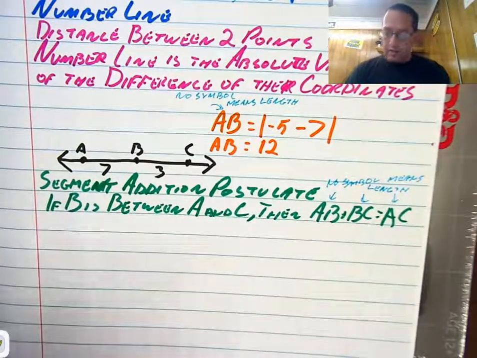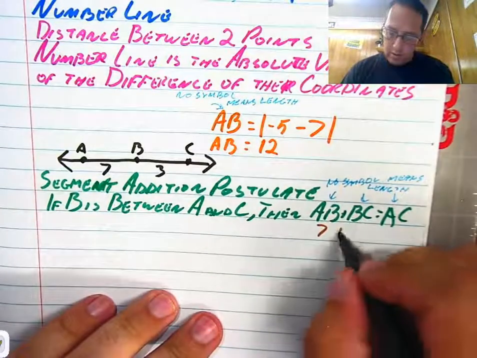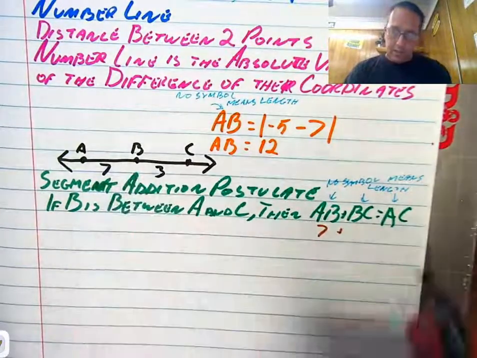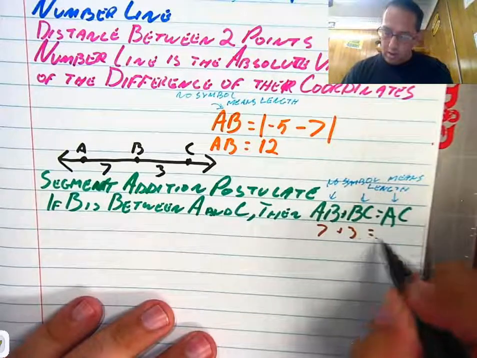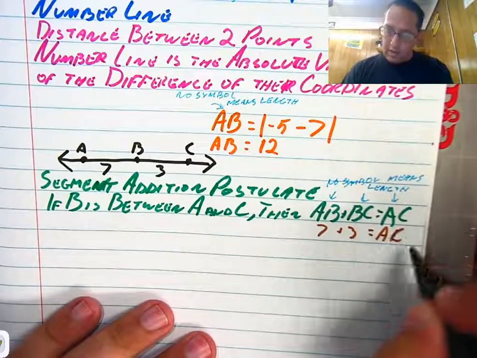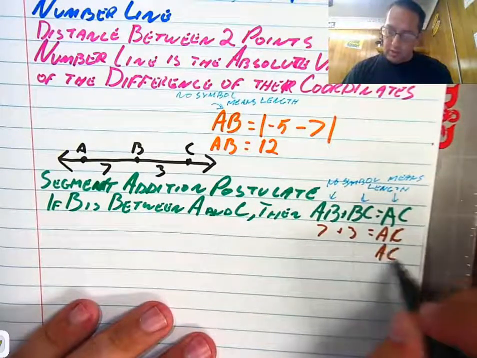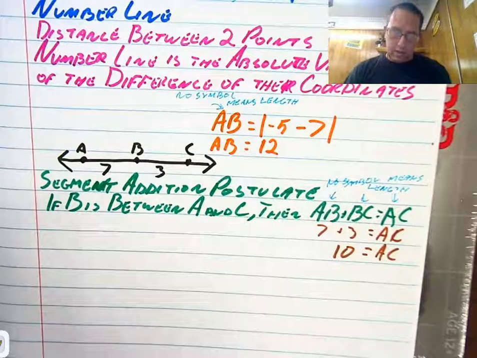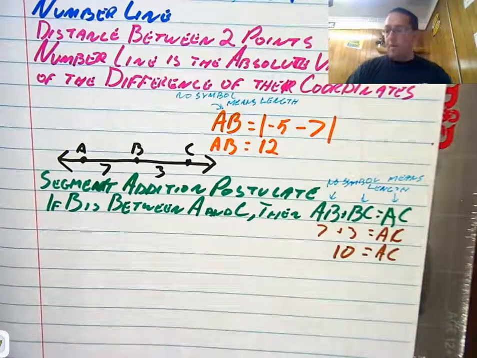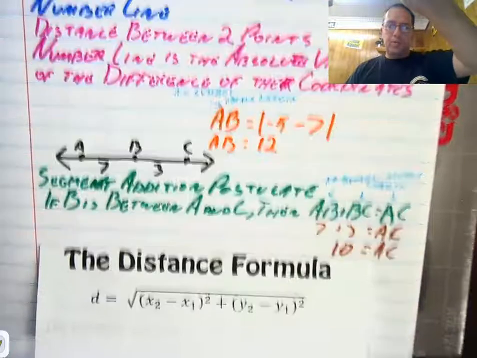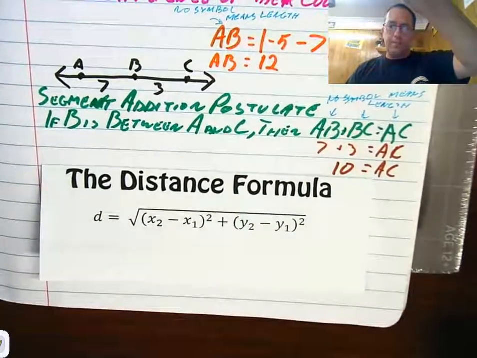I wrote it right there, that's 7. Plus the length of BC, 3. And that is going to equal the length of AC, and so the length of AC is equal to 10 units. All right?